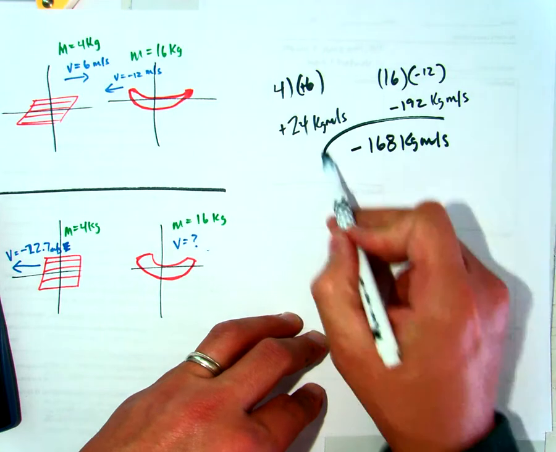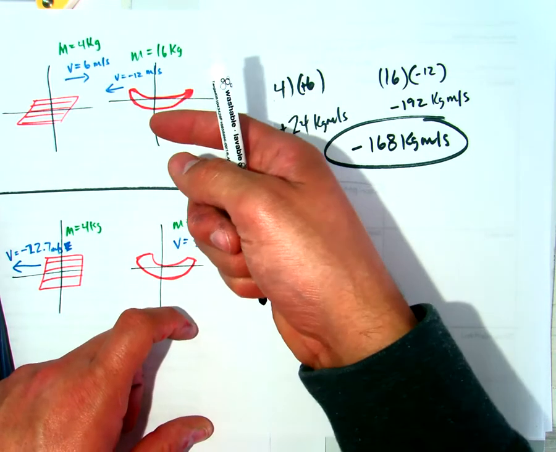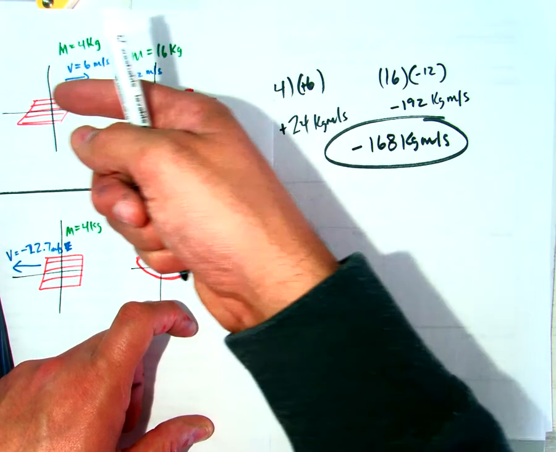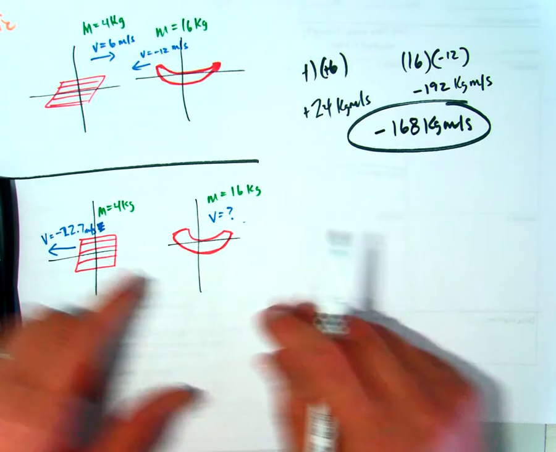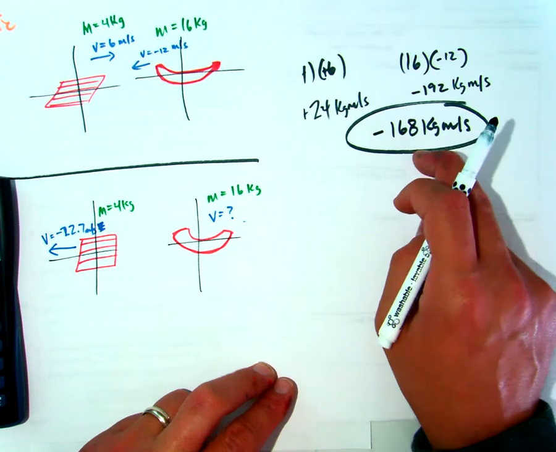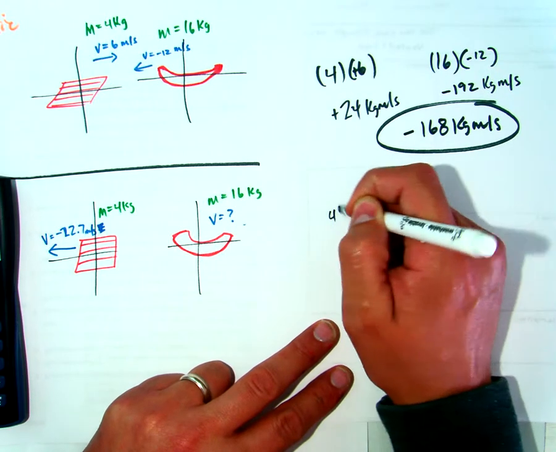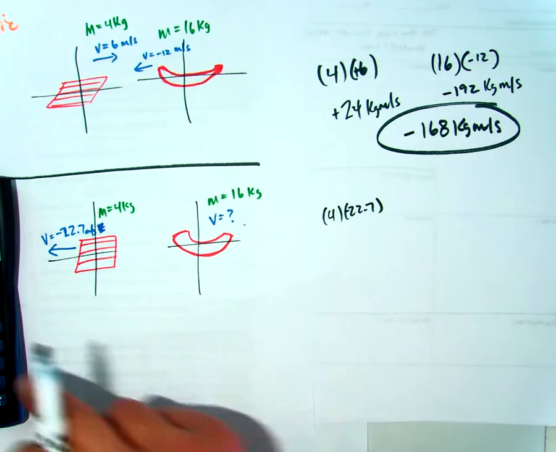So probably what looks like is going to happen is that they're going to collide, and the banana boat, the canoe, is going to continue to move to the left, and I bet that that's what it does. So let's take a look at it. Now we look at afterwards, all of this has to be equal to what we solved for earlier, conservation of momentum. So I can go ahead and say 4 times the 22.7, that's a negative 22.7.